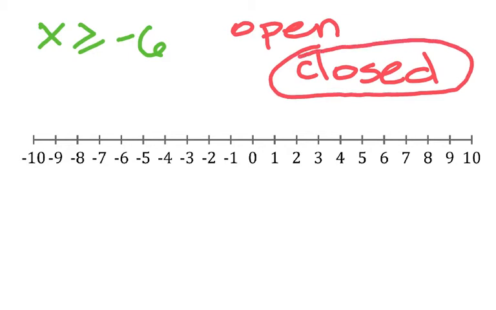Step 2 is finding your number on the number line, which is -6. So I'm going to draw a closed circle there. And then the third step is figuring out whether it goes to the left or to the right. This is greater than, so when we're looking for numbers that are bigger, they go to the right.